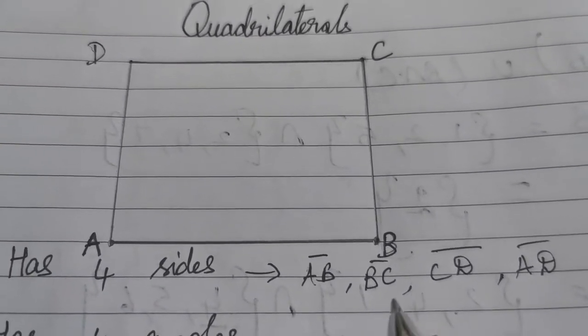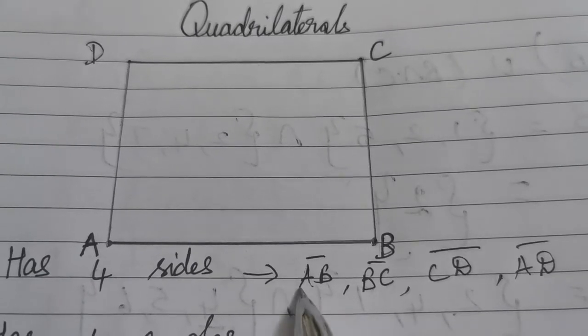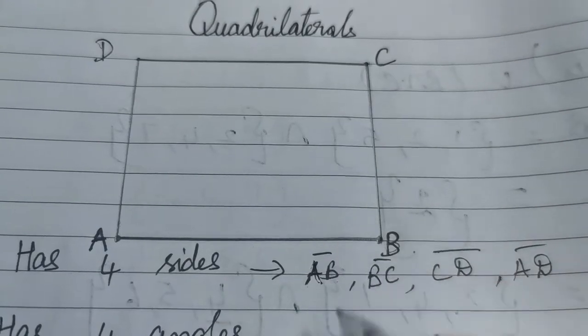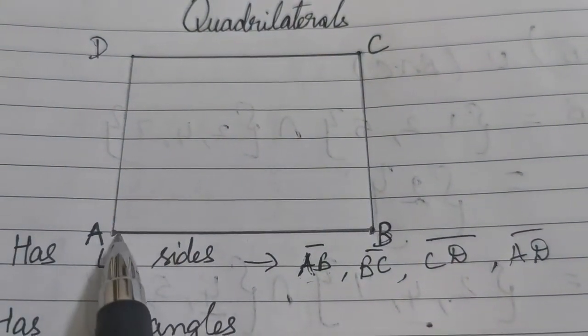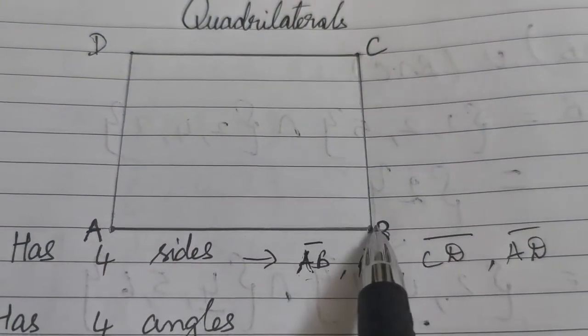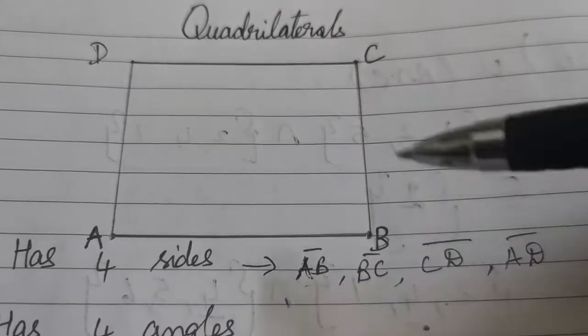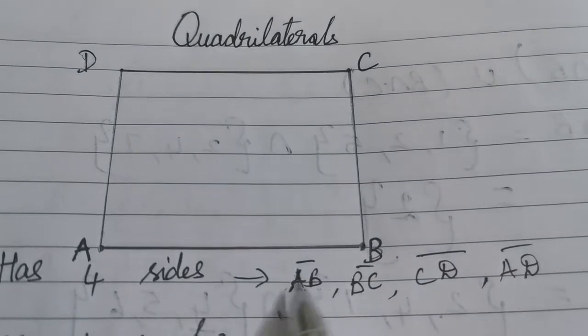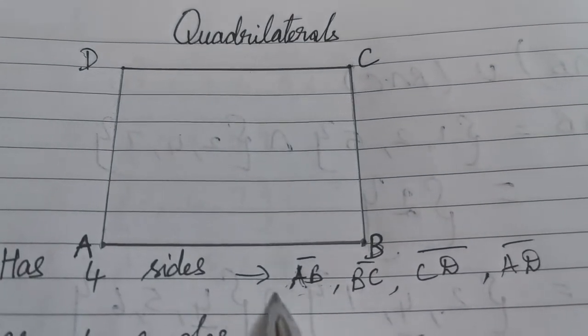When you are representing a line segment, you need to mention two alphabets. So this line segment is called as AB. This is called as BC. So you will have to use two letters.